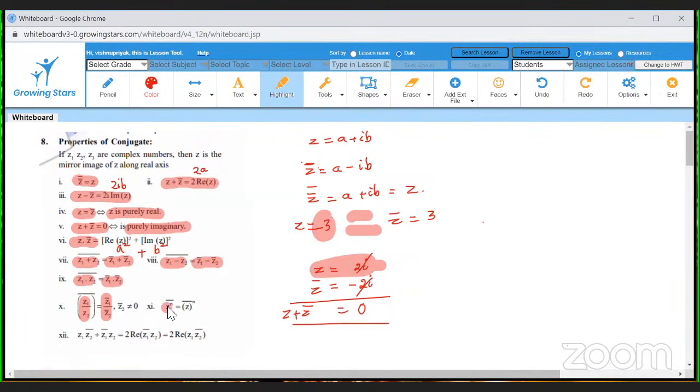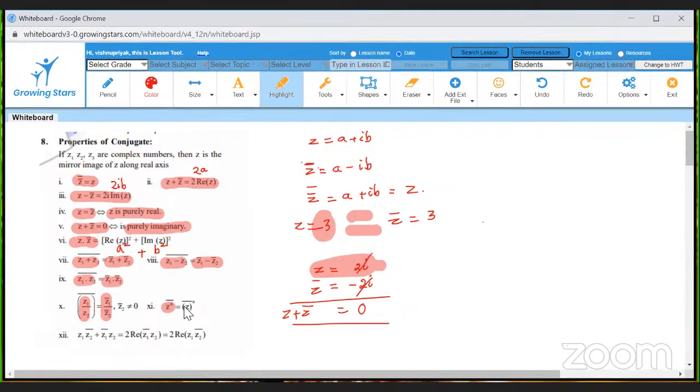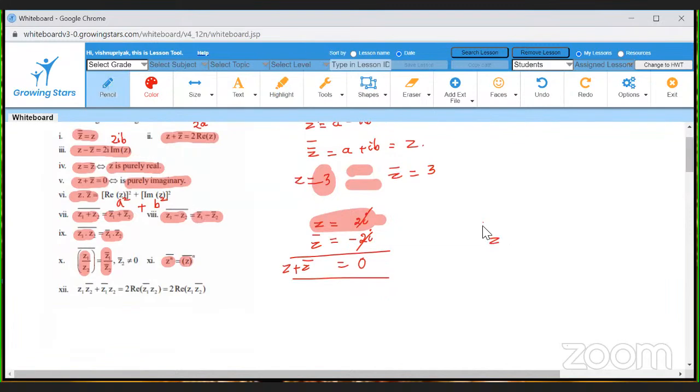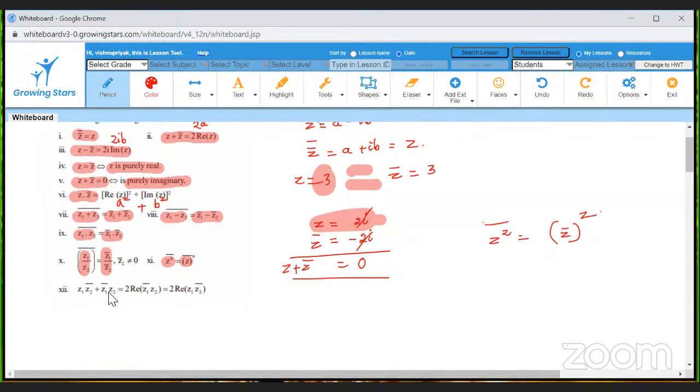Conjugate of z power n is the same as conjugate of z whole power n. What I mean is, if you have z square and you are finding the conjugate, you can take the conjugate of z and then square it.